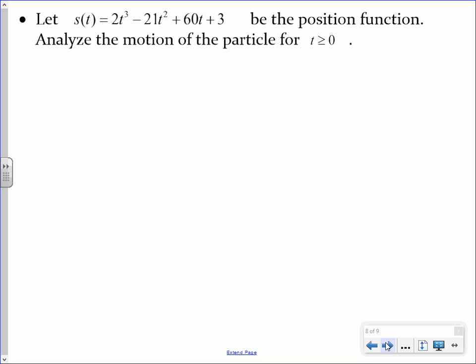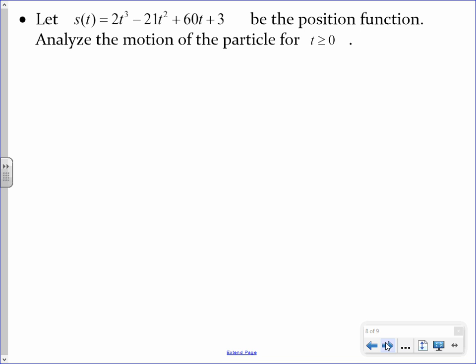When I ask you to analyze, I'm worried about moving right, moving left, stopped, speeding up, slowing down. So we basically need to analyze the velocity function and the acceleration function to make those evaluations.